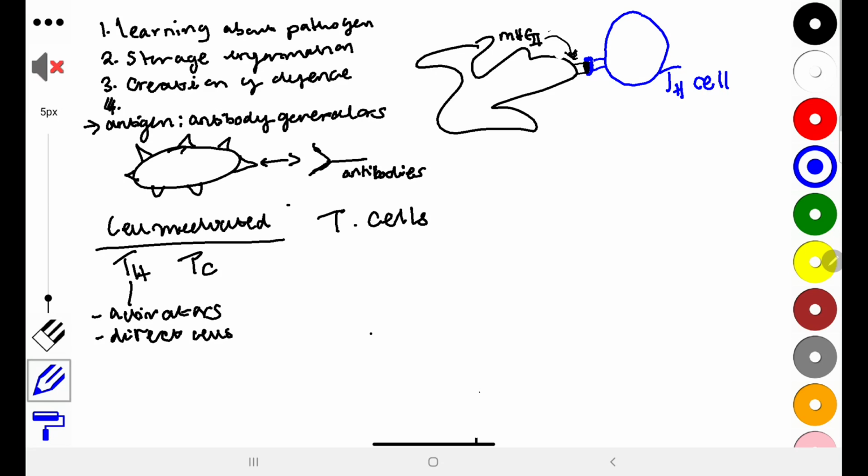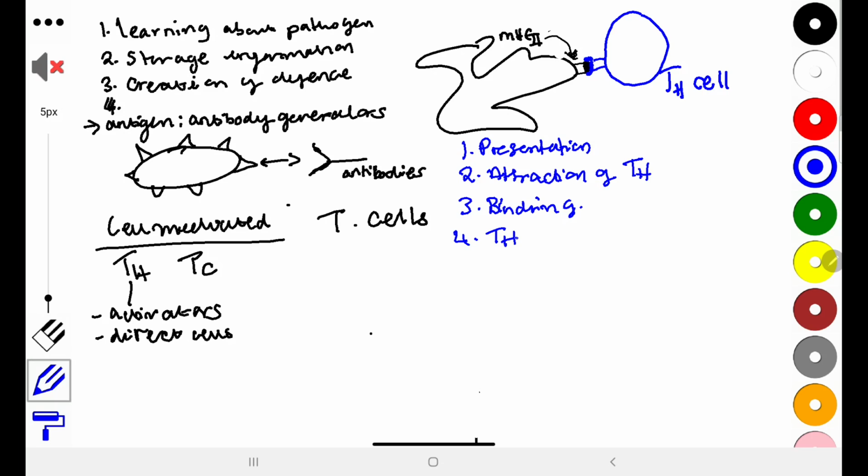and once the attachment occurs, there will be presentation, and then there will be attraction, then there will be binding. After binding, the T helper cell will be activated.